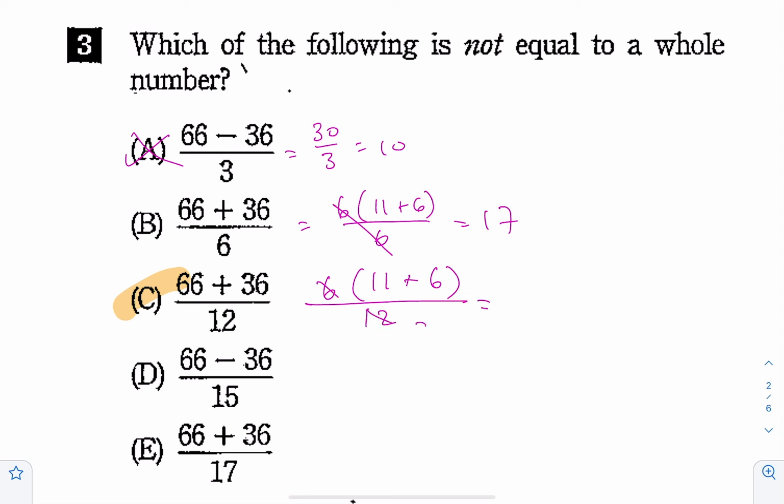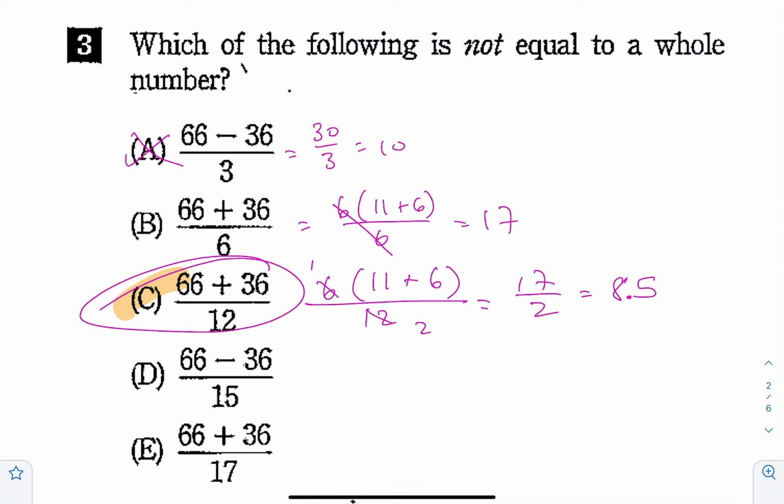In this case, you get 17 over 2, because the 6 into 12 has a factor of 6, which cancels out. And this is 8.5, which is not a whole number, so the answer is probably going to be C. I'll just go through all the choices just in case. For D, you have 30 over 15, which is 2. And for E, if you factor out the 6, you get 6 times 17 over 17, which is just equal to 6. So the answer is choice C, because you have a decimal.